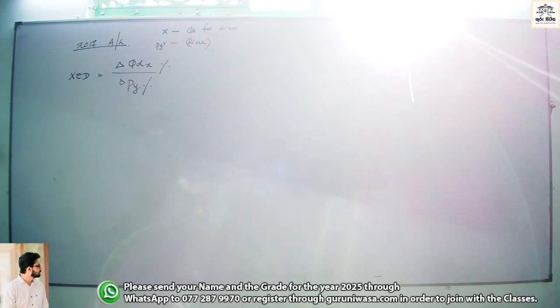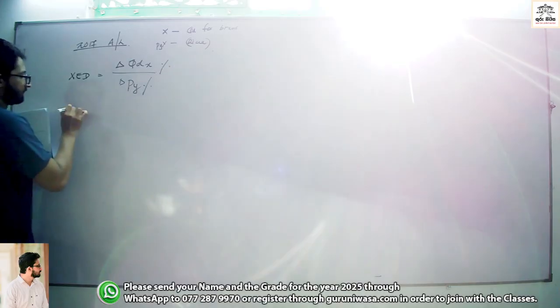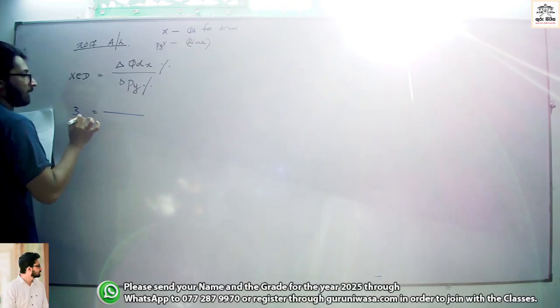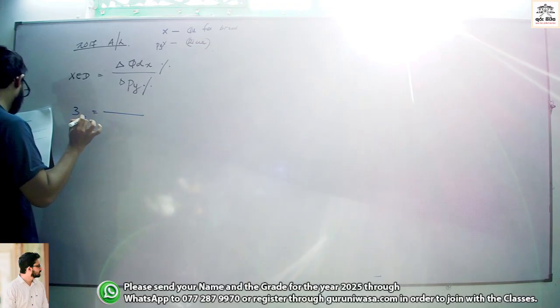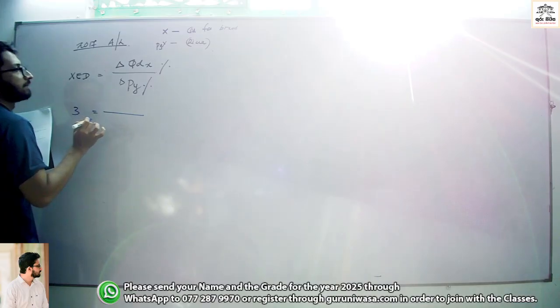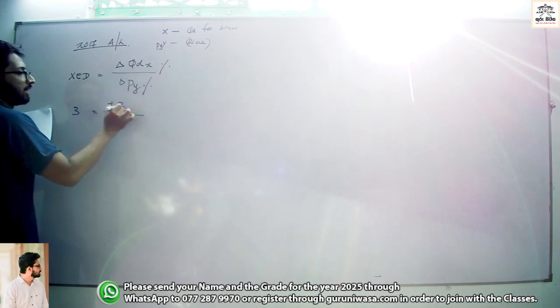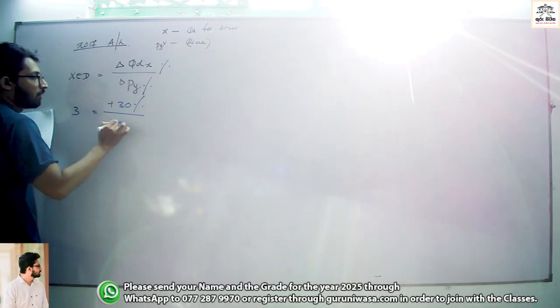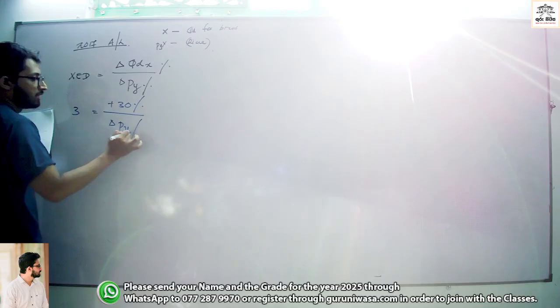Now the elasticity value is given. How much is the value? Plus 3. The price of rice has caused the demand for bread to rise by 30%. Delta QDX is 30%. Here we don't know the percentage change in PY.